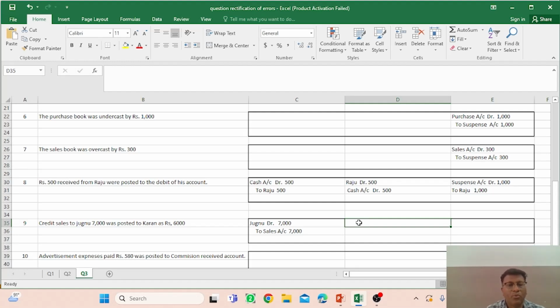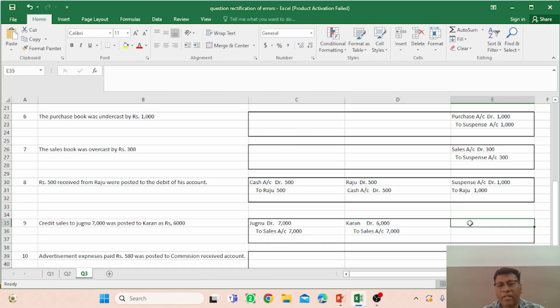So in place of Jugnu you have to write Karan account, or Karan debit, right, by rupees 6,000. The amount was also written wrong, right? So you have to write here to sales account, and this was intact, so it was entered by rupees 7,000.